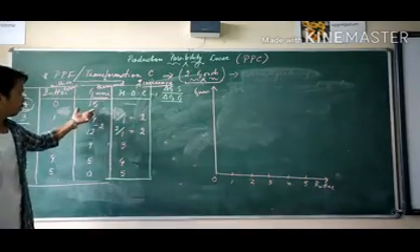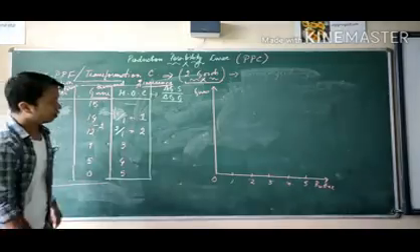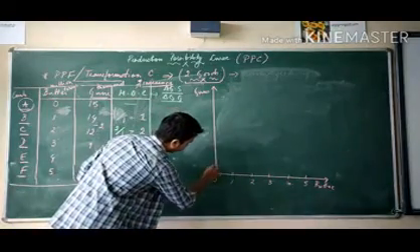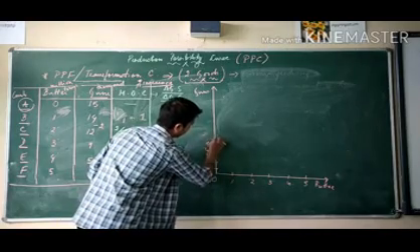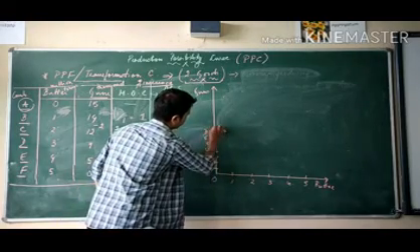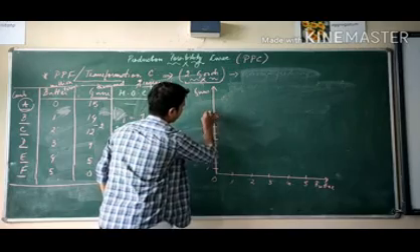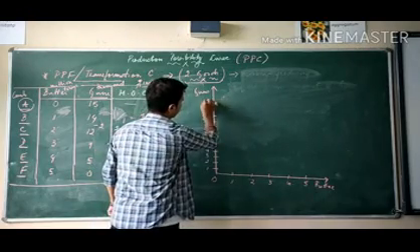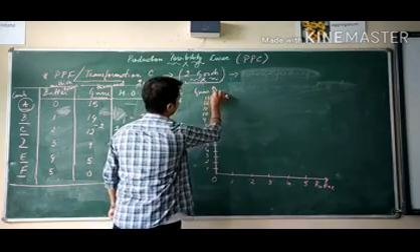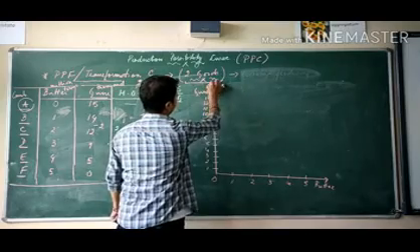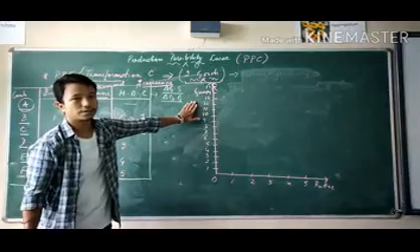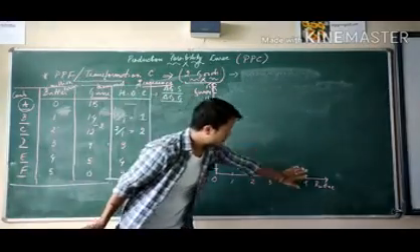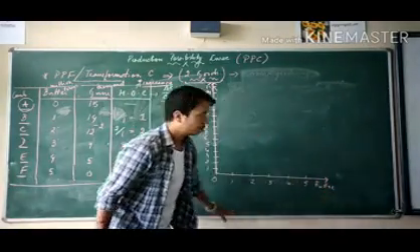And for guns it is 0 to 15. So 1, 2, 3, 4, 5, 6, 7, 8, 9, 10, 12, 13, 14 and 15. So on the y-axis we are measuring guns, on the x-axis we are measuring butter.